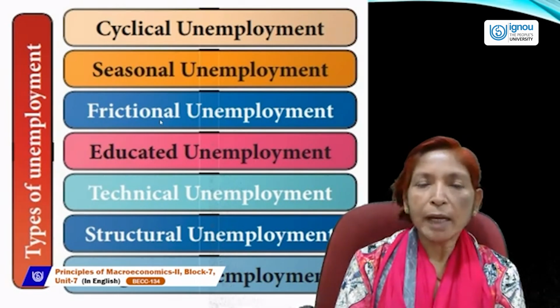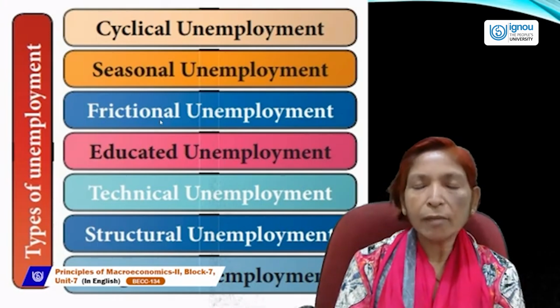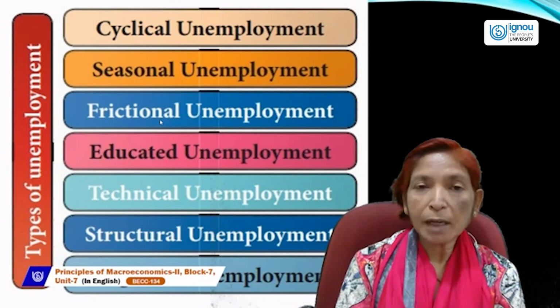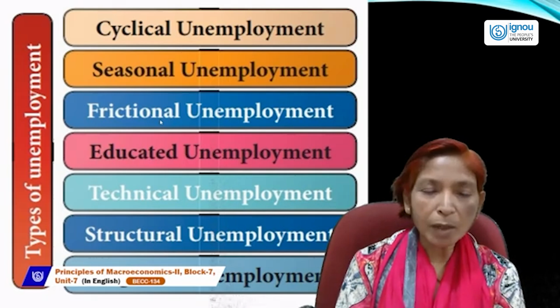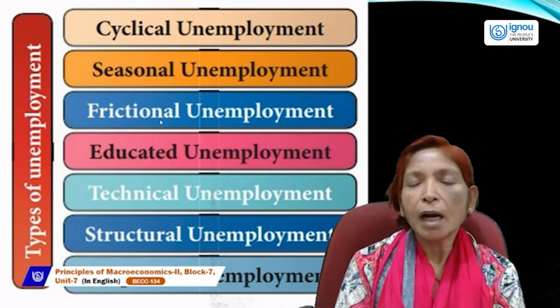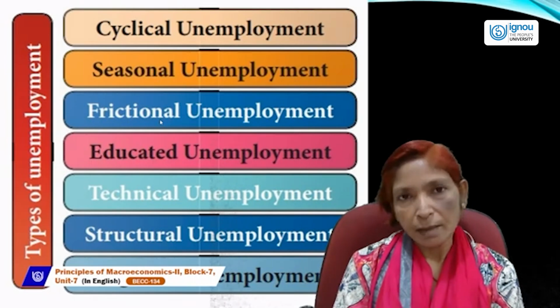If people are engaged in winter crop production, they will be unemployed in the summer season. And if people are engaged in summer crop production, then they will remain unemployed in the winter season.